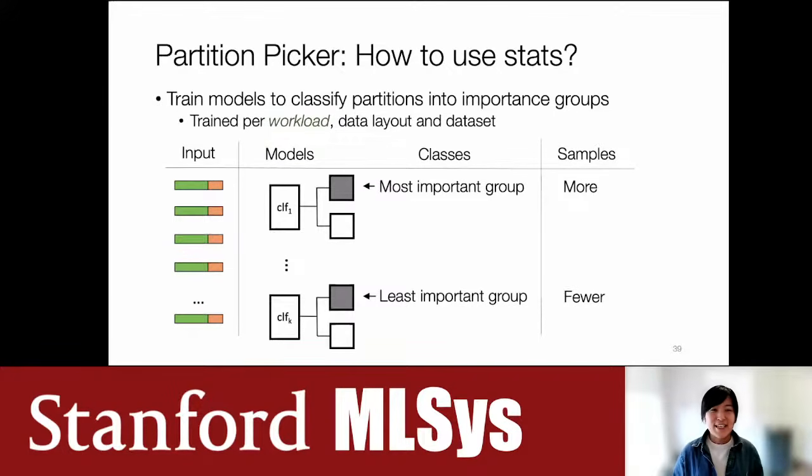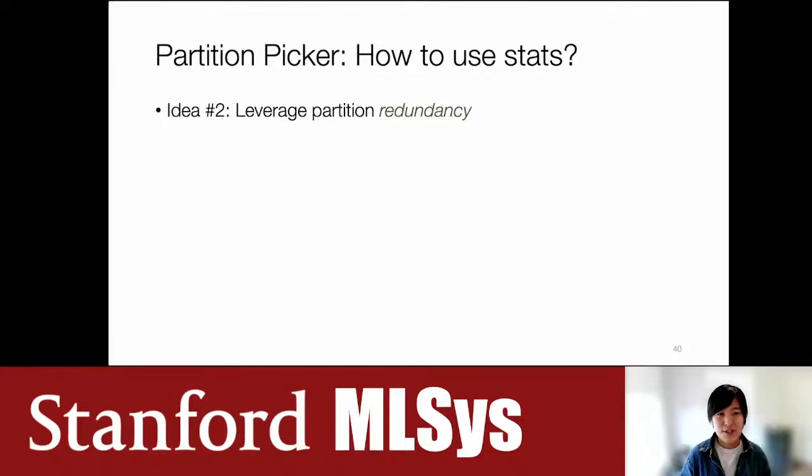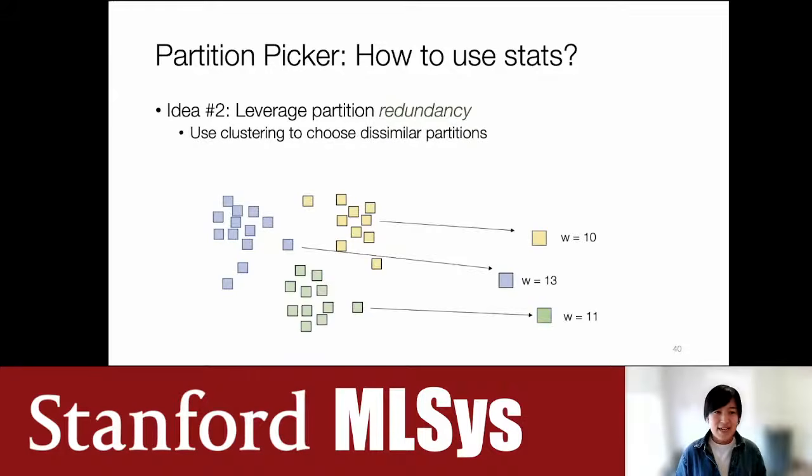So that's the first idea, leveraging partition contribution to help select better samples. The second idea is to leverage the redundancy of the existing partitions. If you have two partitions that contribute similarly to a query, maybe you only want to include one of them in the sample.